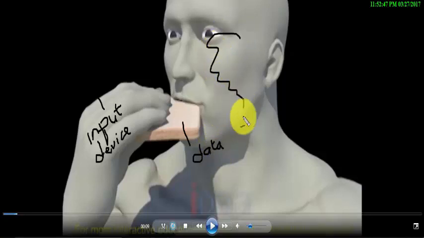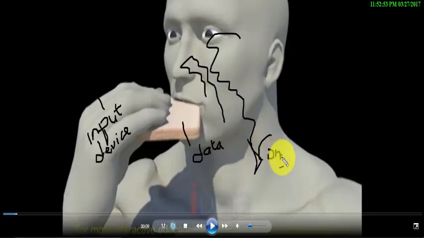So students, this is what we call the input device. Then this part we are seeing here is what we call data. Now, what we are seeing here as a person, this is what we may call a computer or the CPU. Okay, students, a computer or the CPU.